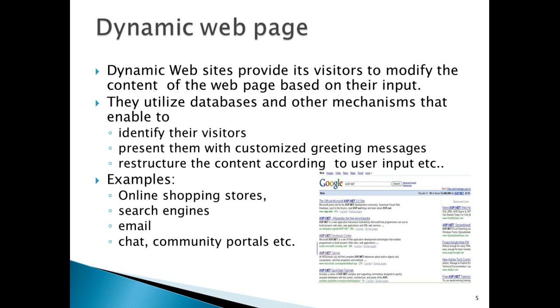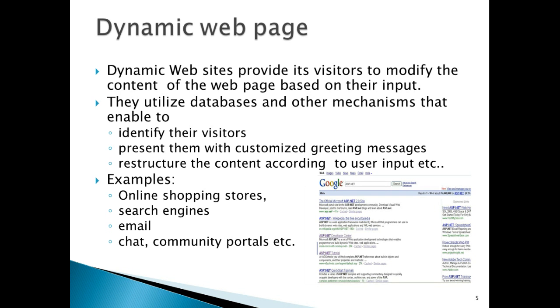Based on that user input, it will give different recent, related websites as output. So based on the user input, the data will be modified on the website. Okay, that is the first point.